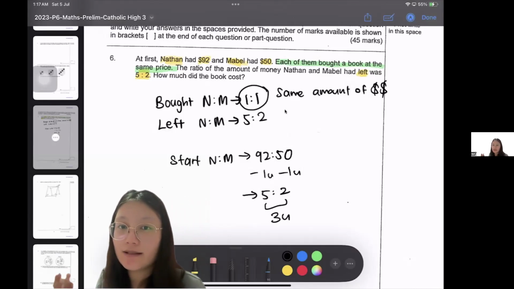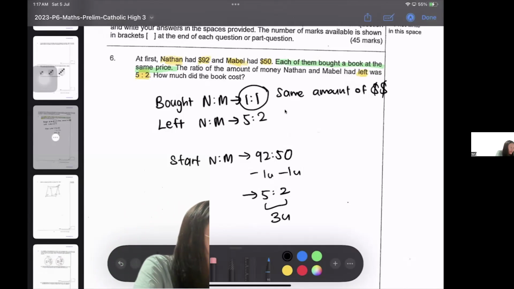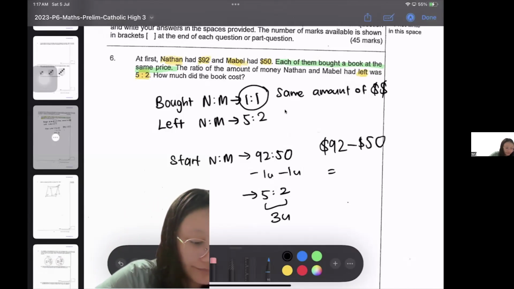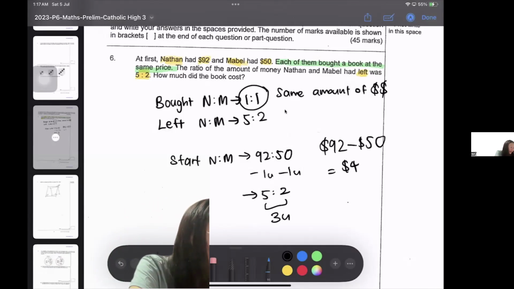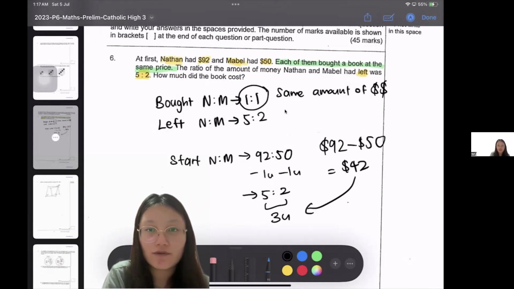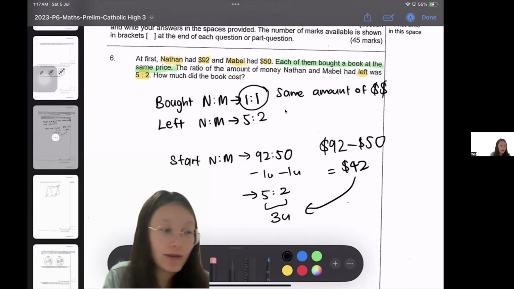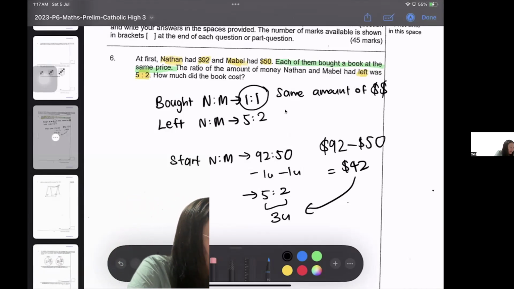That is basically the difference in the amount that they had at the start, which you have to take $92 minus 50. That gives you $42. And this $42 is basically the difference at the end, because the difference at the start and the difference at the end will be the same because they minus the same amount of money. Okay, so 42 will be your 3 units.